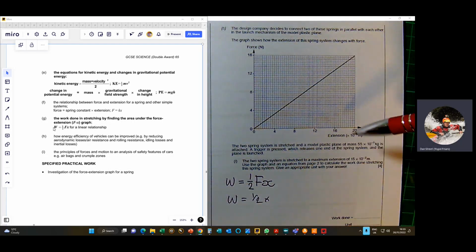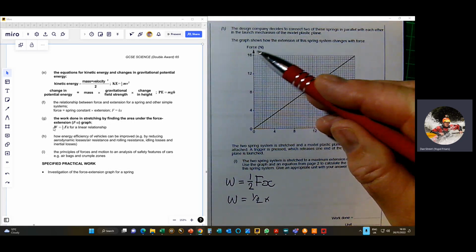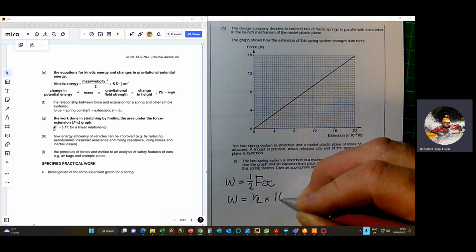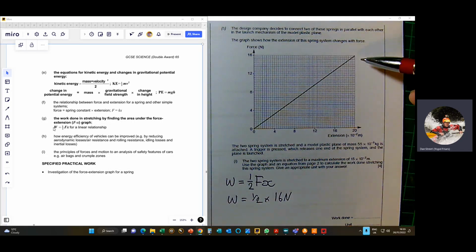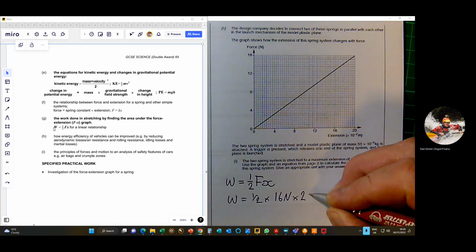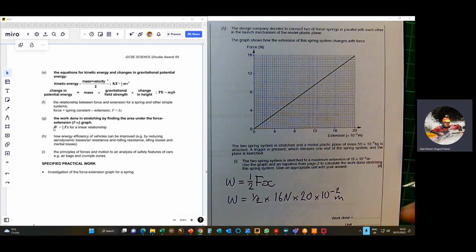It doesn't matter which force you choose, but suppose we choose the maximum force and the maximum extension, that'll get us the most accurate answer. So 16 newtons is the force, and that force of 16 newtons causes an extension of 20 times 10 to the minus 2 meters.